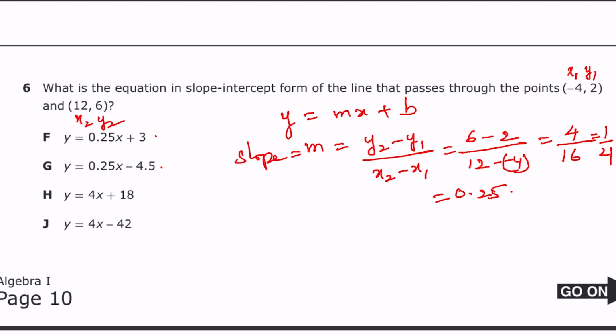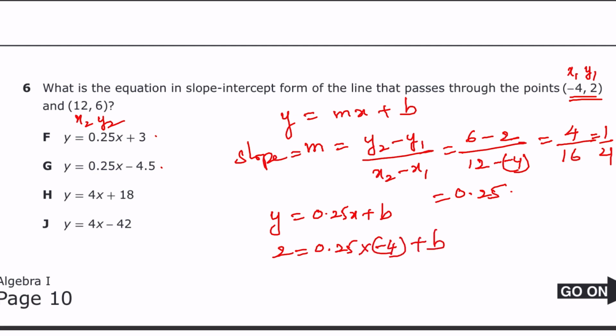Now we'll find out what is b. How do we find out b? Now we got y is equal to 0.25x plus b. So now we take one of the x and y values. We'll take x1 and y1 and substitute the x and y values to get b. So you get 2 is equal to 0.25 into minus 4 plus b.